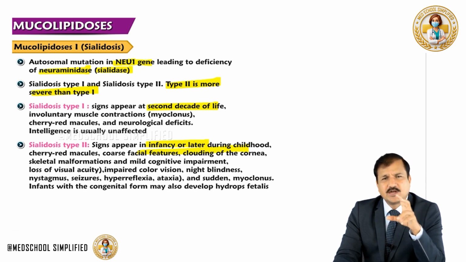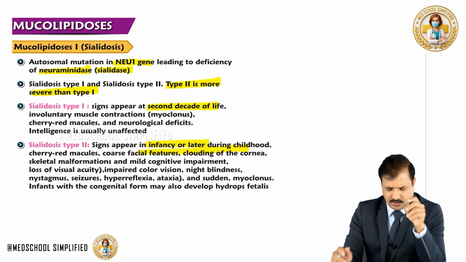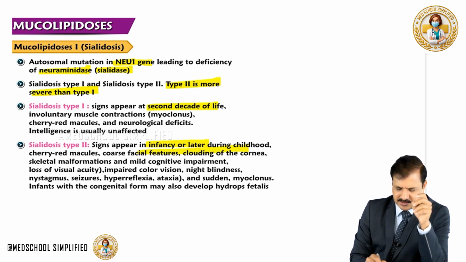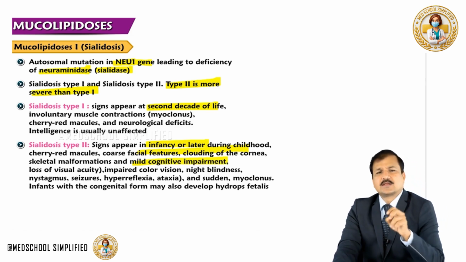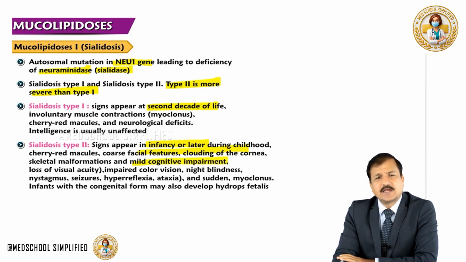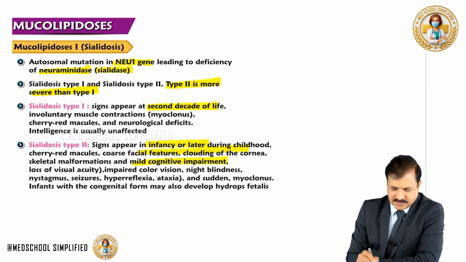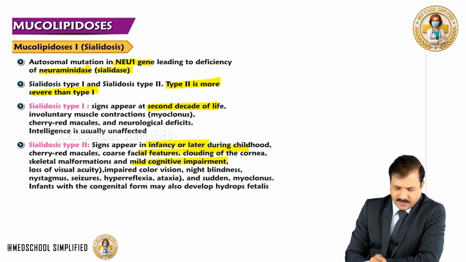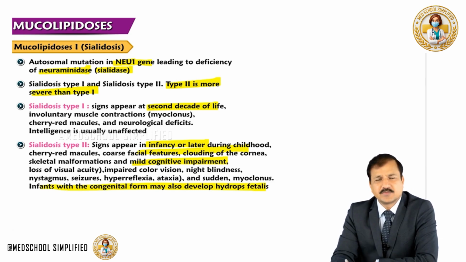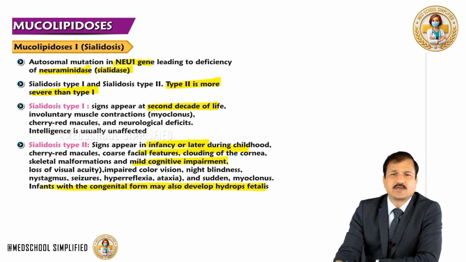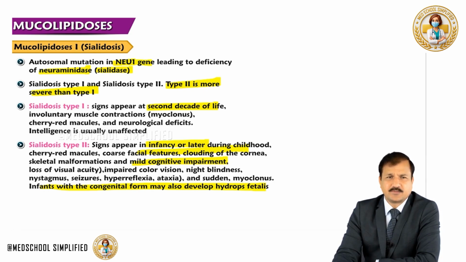The patients with sialidosis type 2 will also show skeletal malformations and mild cognitive impairment. There can be impaired color vision, night blindness, nystagmus, seizures, hyperreflexia, myoclonus, and infants with the congenital form may also develop hydrops fetalis. Overall, sialidosis type 2 is much more severe than sialidosis type 1.